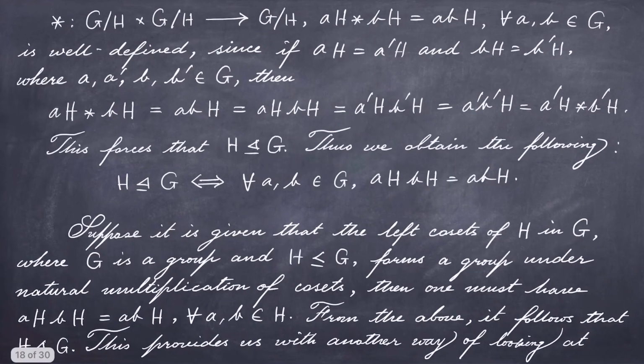Okay, so let's go ahead. Suppose that we are given that the left cosets of H in G form a group under natural multiplication of cosets.